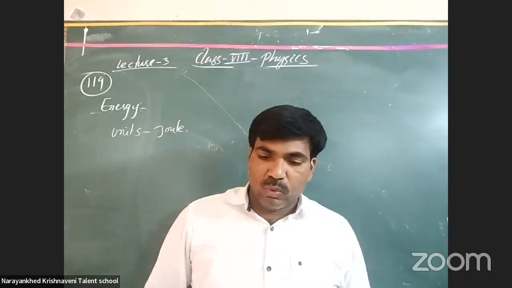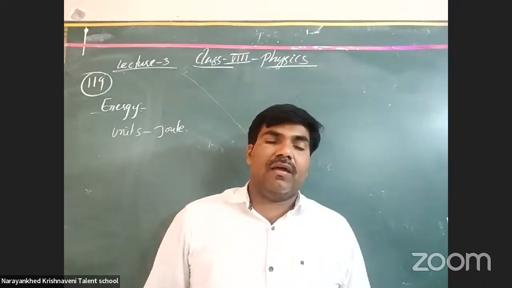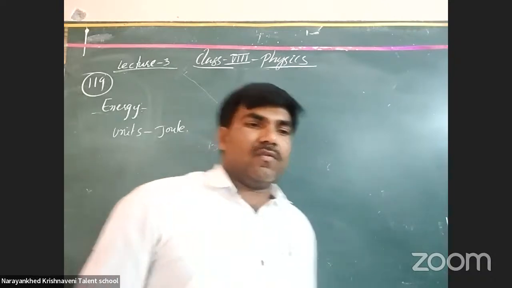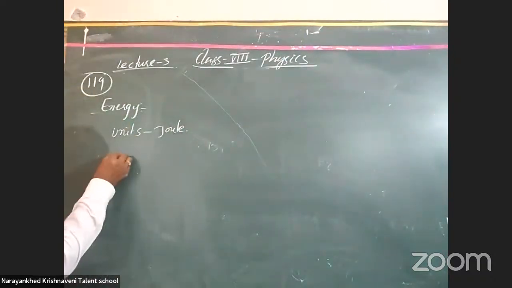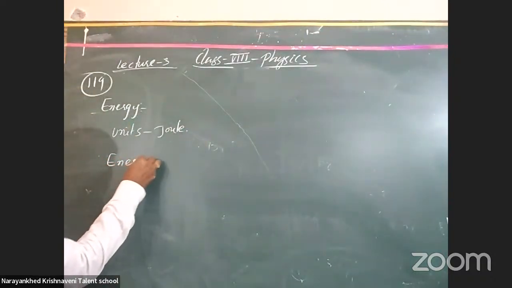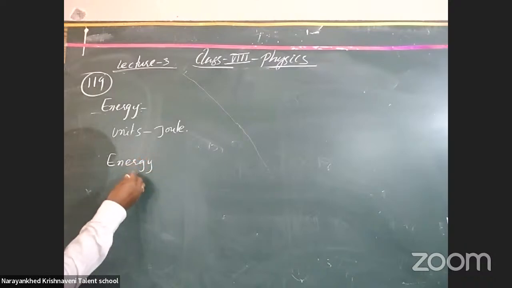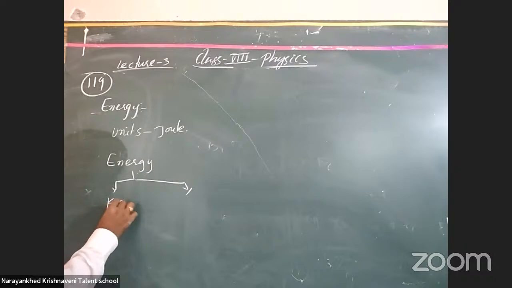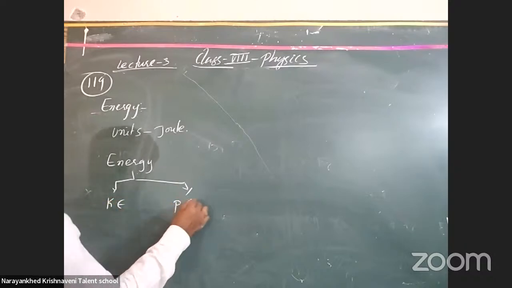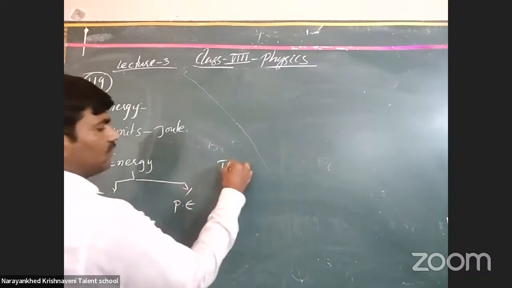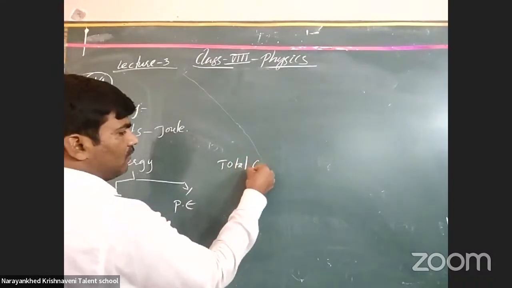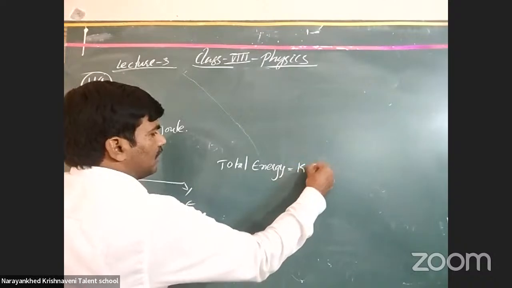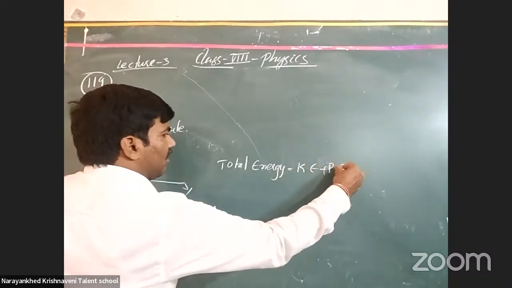But mainly there are only two types of energy that we consider: one is kinetic energy and the other is potential energy. Total energy is equal to kinetic energy plus potential energy.